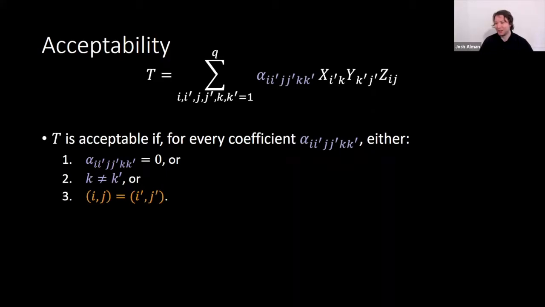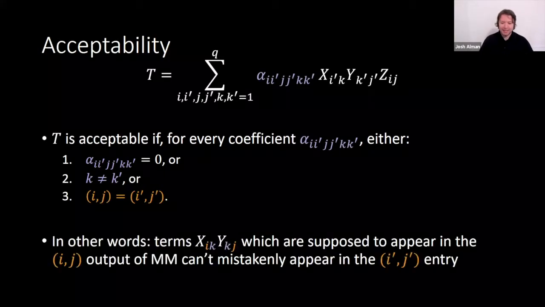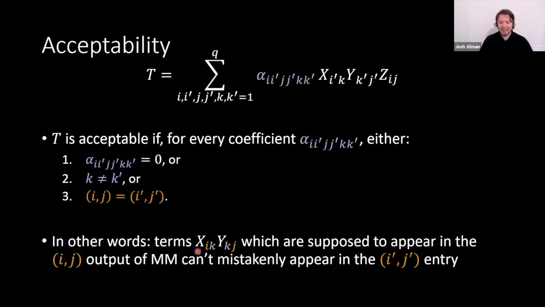Okay, so what does this mean? In other words, if you look at a term like x_ik times y_kj, it's supposed to show up in the i,j output entry of matrix multiplication. And we're saying this type of term can't mistakenly also appear in a different i prime, j prime entry of this tensor.